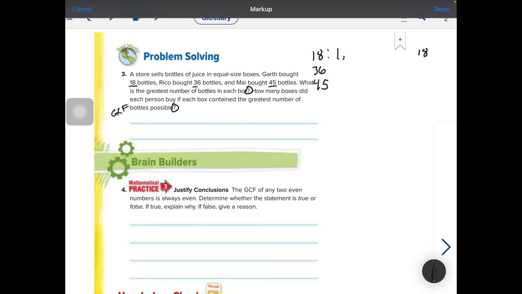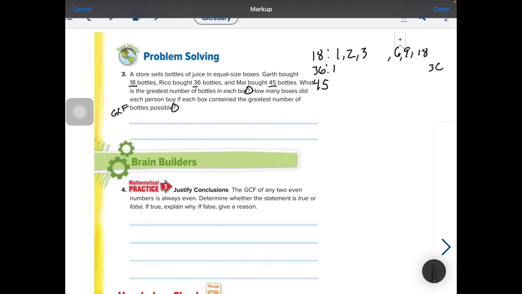We have 1 and 18, 2, 9, 3 and 6, 4, 5, 6. Yep, those were our factors right there.